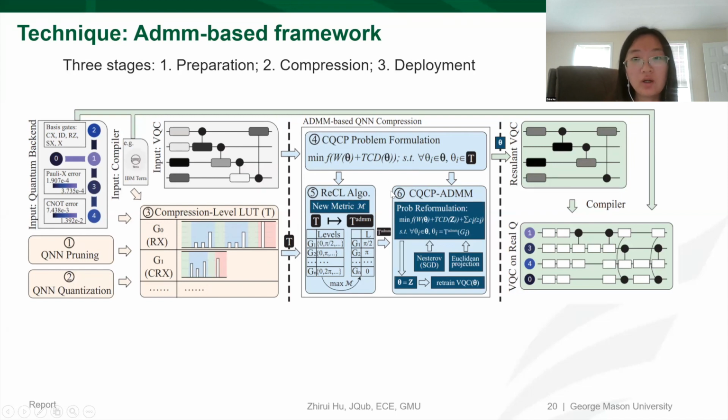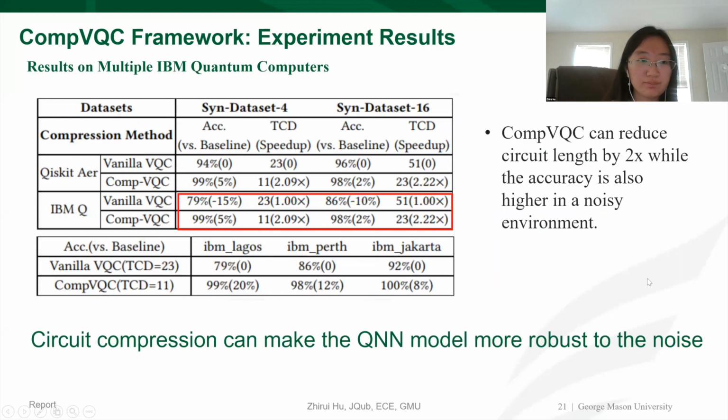And then at last, we will use the ADMM-based optimizer to optimize the parameters so that we can get the best accuracy and the shortest circuit length. At last, we will use the compiler to map the logical circuit gates to the physical circuit gates and deploy it on the real quantum device.